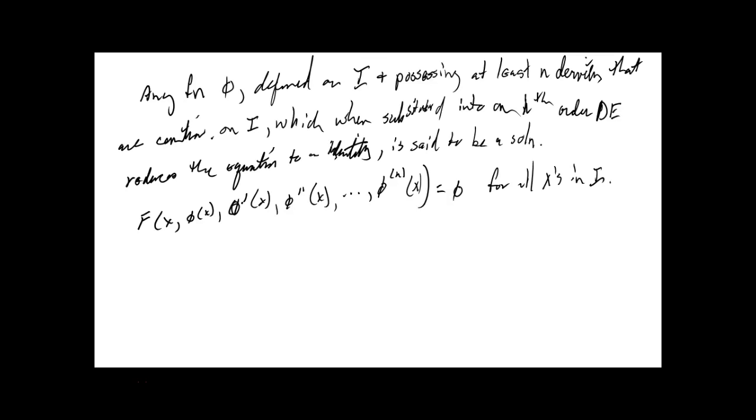That's said to be a solution. So this thing comes down to 0. You plug it all in and everything balances everything else out. That's said to be a solution. Now, we say then, and another way of saying it, not only is it a solution, we say that phi satisfies the differential equation on I. Okay?